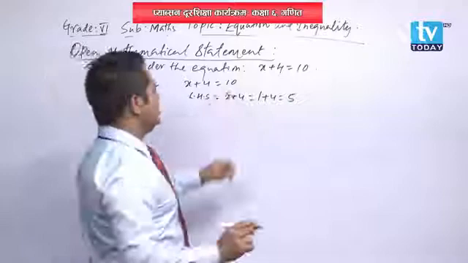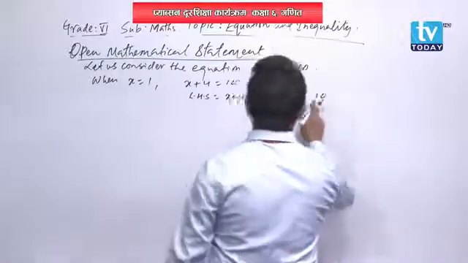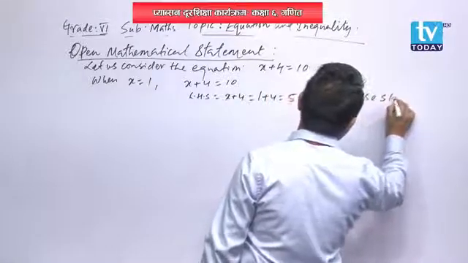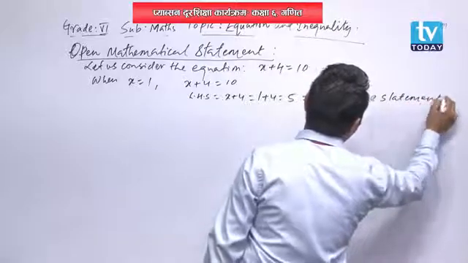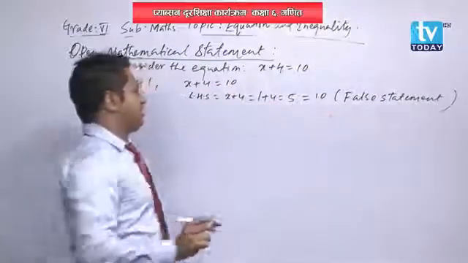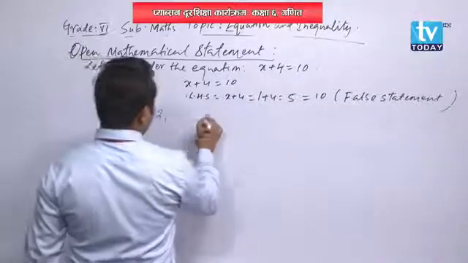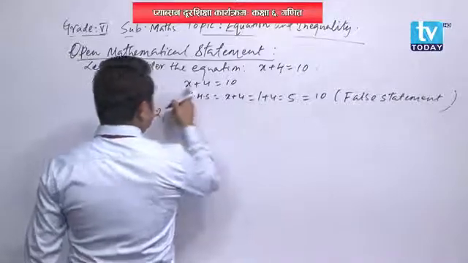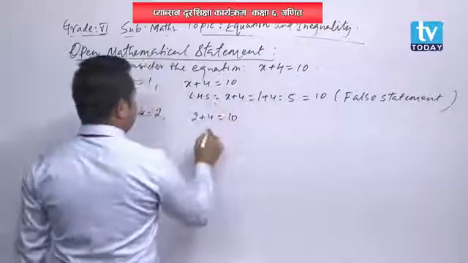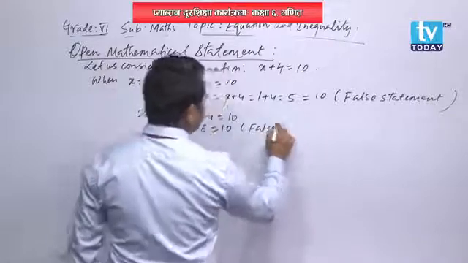So this is a false statement. Similarly, when x equals 2, you can replace x by 2. 2 plus 4 equals 10. Then 6 equals 10. This is also a false statement.